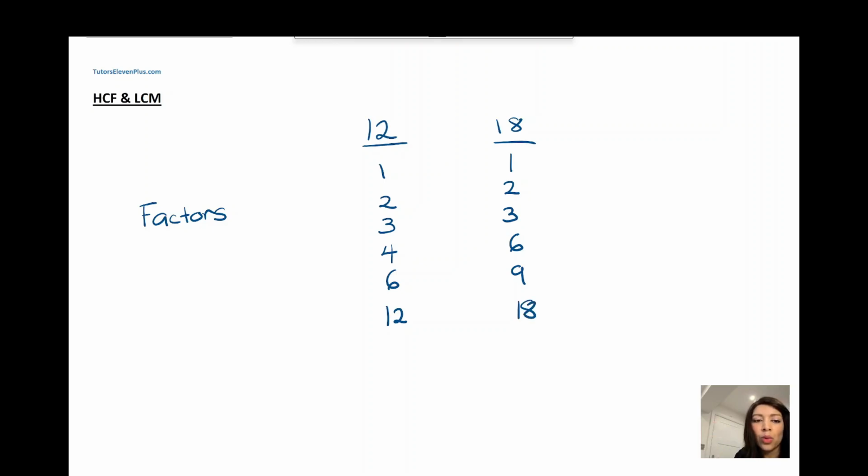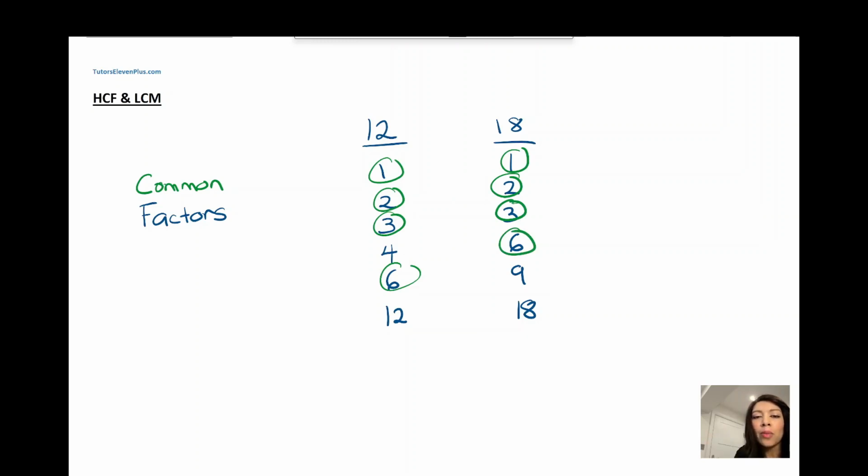Now these are all the factors for 12 and 18. What we can then do is look at which of these factors are in common between the two. We can see that 1 is common, 2 is common, 3 is common, and so is 6.